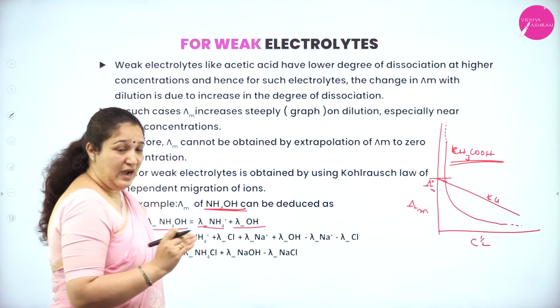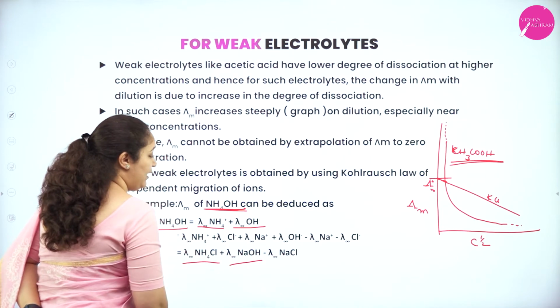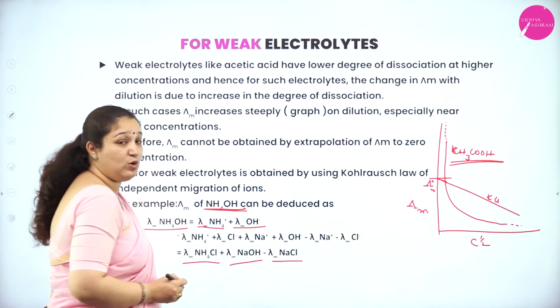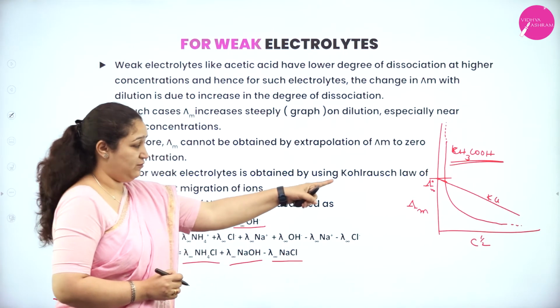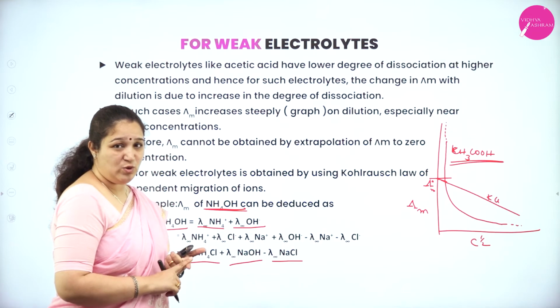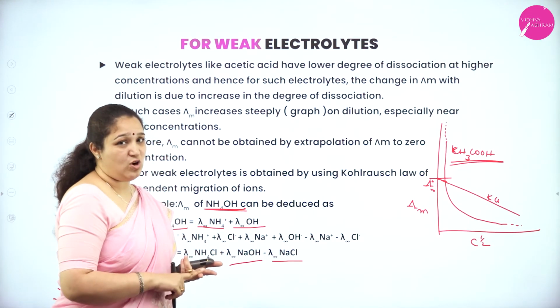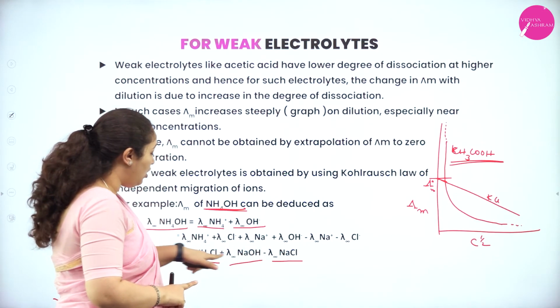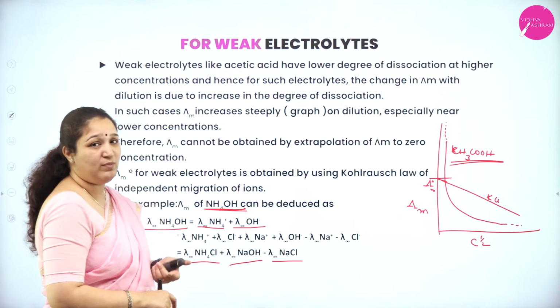I can use ammonium chloride, sodium hydroxide and sodium chloride. Ammonium chloride is a strong electrolyte, so from the graph I can get it. NaOH also I can calculate the limiting molar conductivity because it's a strong electrolyte. NaCl also is a strong electrolyte. I can use all these three and calculate the limiting molar conductivity of ammonium hydroxide.